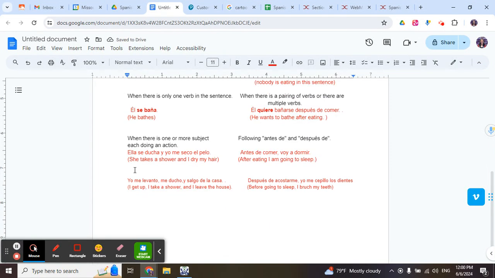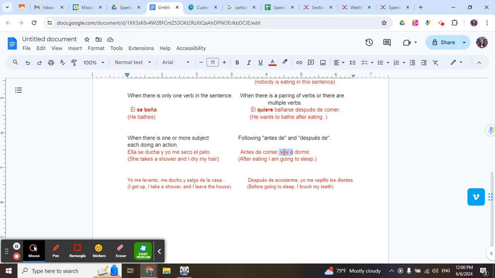All right, last one, and I've mentioned this several times so far, but I just want to emphasize, following "antes de" and "después de," you will always see an infinitive. So "antes de comer," you see that? And here's another example of a conjugated verb and an infinitive. You won't have several conjugated verbs unless I'm doing several things.